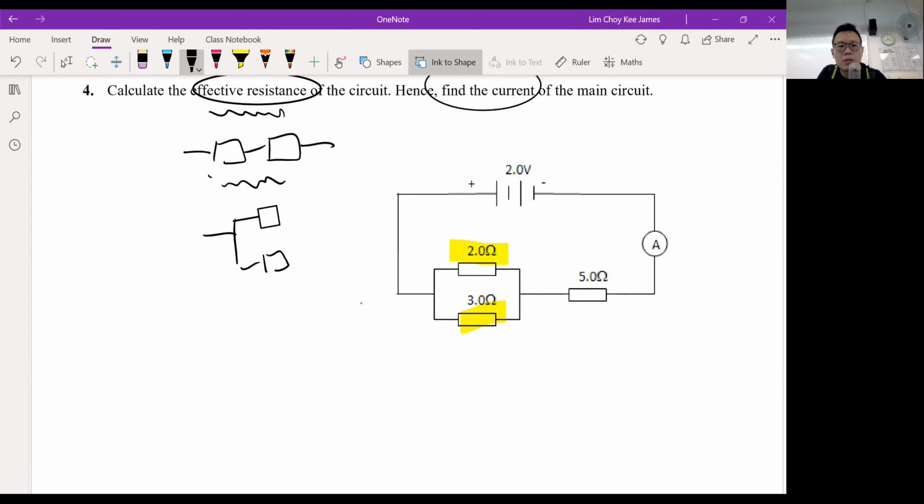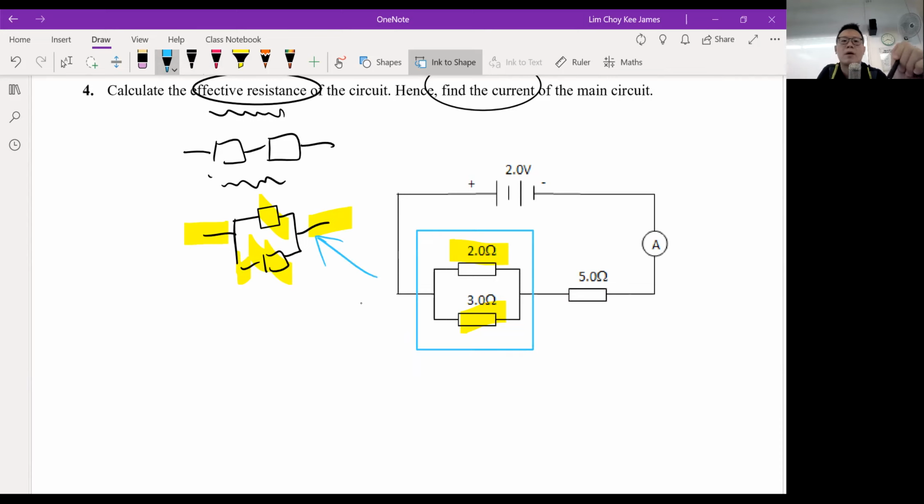For a parallel branch, resistors are usually top and bottom, meaning they are up and down of each other, and nothing on the left, nothing on the right. In this case, this arrangement coincides with the standard parallel arrangement. So I can effectively say that 2 ohm and 3 ohm are parallel to each other.